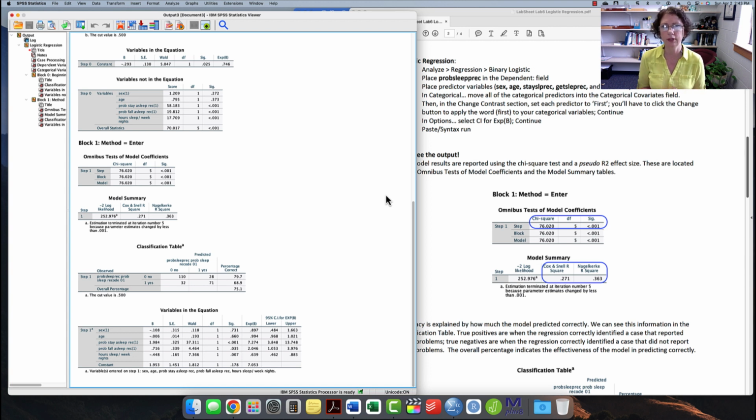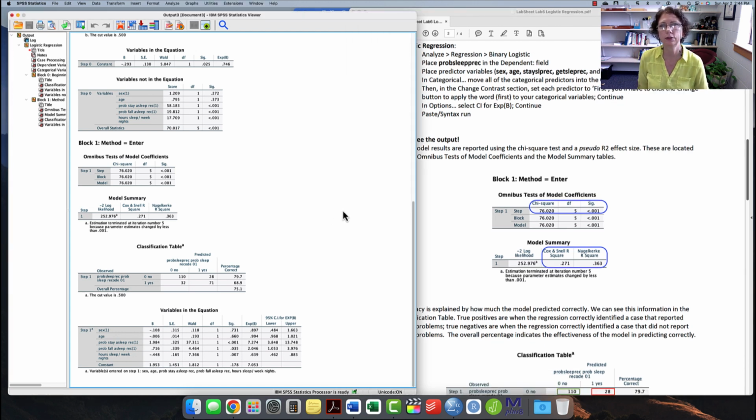And you'll need all of that for the write-up. We also have the information about the pseudo R-squared, both the Cox and Snell and the Nagelkerke. And typically I've seen the Nagelkerke used. So you're going to report the pseudo R-squared, but we don't need to get the confidence interval for it.